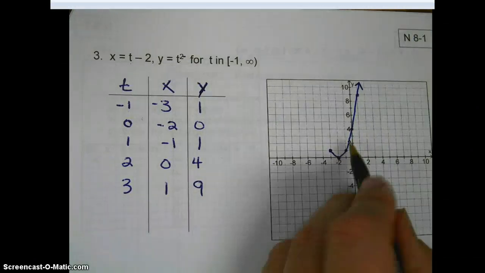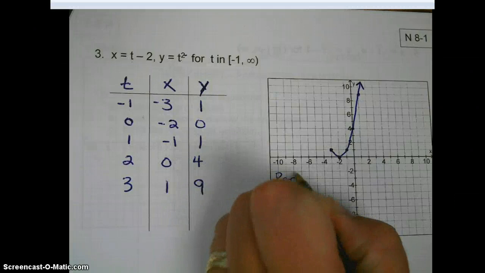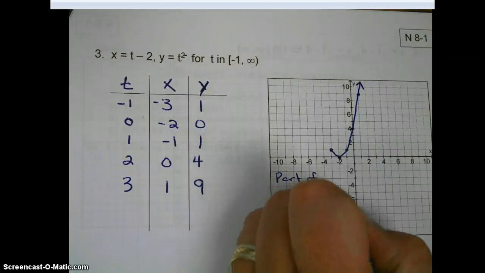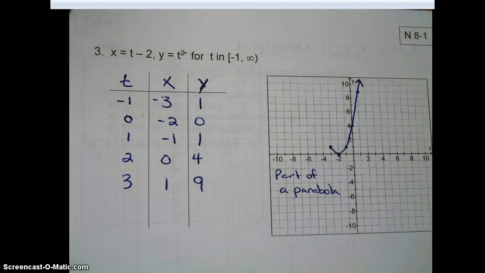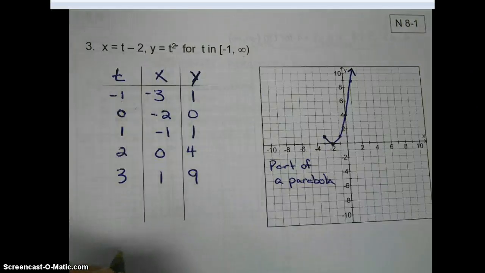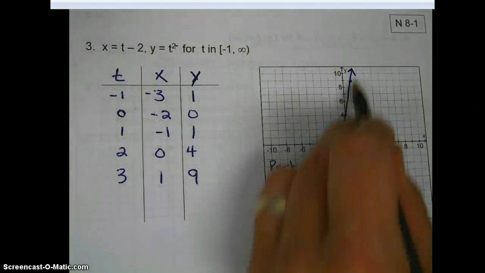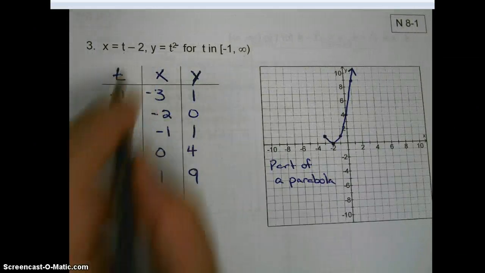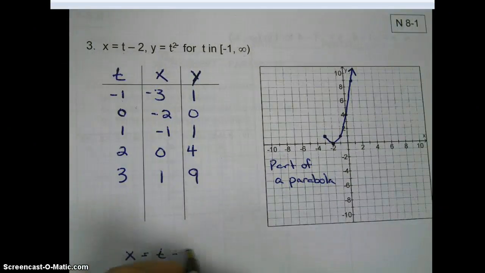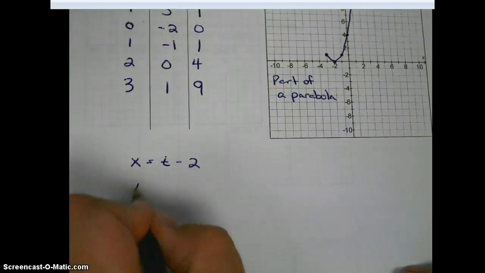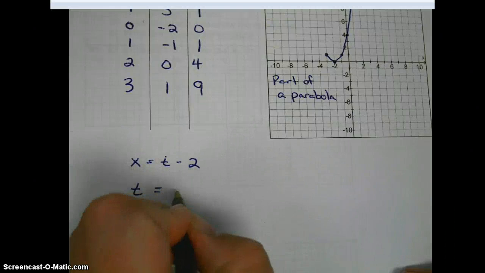So what do we have here? We have part of a parabola. Okay? Alright, so we've graphed it. Let's see, do you remember the steps for finding the rectangular equation? Well, we take one of the parametrics and that's right, we solve for t. So here we're going to have t equals x plus 2.